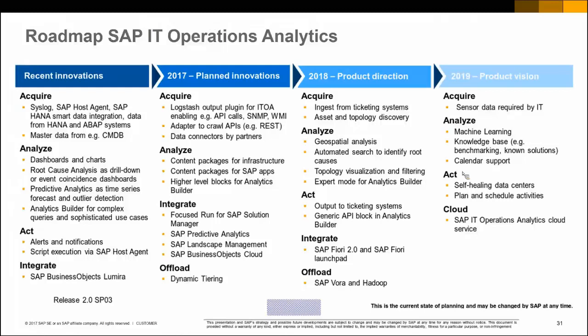And JM talked about how it looks like Lumira, if you're familiar with Lumira. Well, the future of SAP is Fiori, so we are looking at integration with Fiori and the Fiori Launchpad so that our interface will be standard across the other applications. And then we're looking at going to offload beyond dynamic tiering into the SAP Vora Hadoop world.